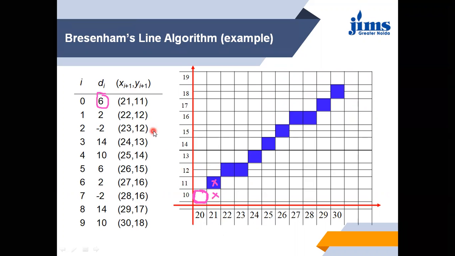So this is 12. Again, when I increment x by 1, that is 22 plus 1, 23, the value of y is again 12.